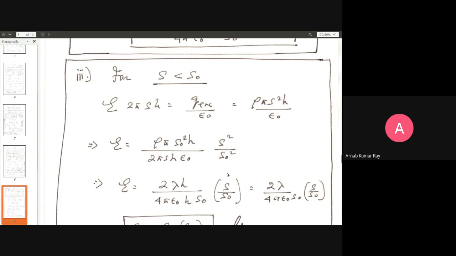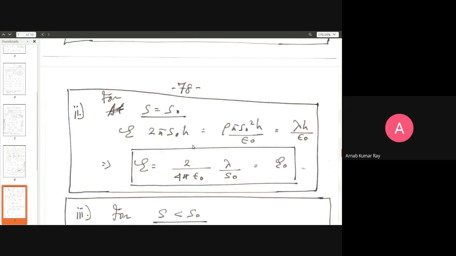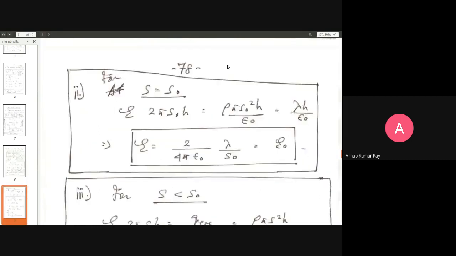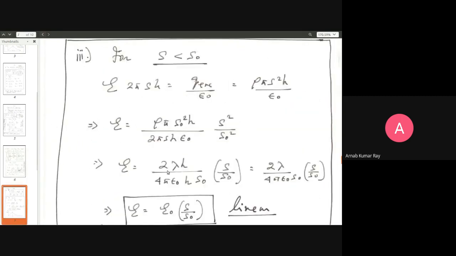Okay, once you have that, the next task will be to write this in a simpler form. What have we got over here? Rho pi s naught squared h is equal to lambda into h. That is what we have put over here.